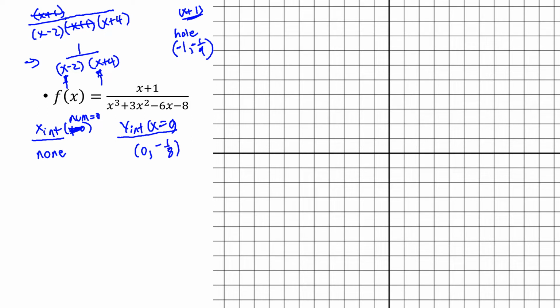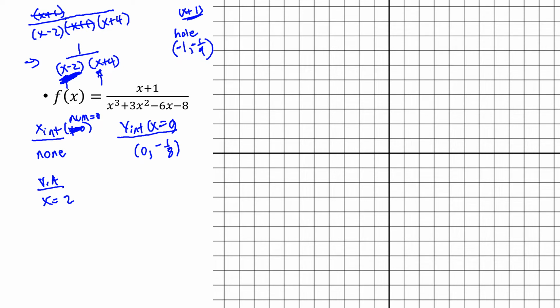We next need to find our asymptotes. The vertical asymptote is going to be anything left over that's going to make our denominator equal to 0. So notice that if we take this x minus 2 and ask, what will make x minus 2 0? That's going to happen anytime that x is equal to 2.